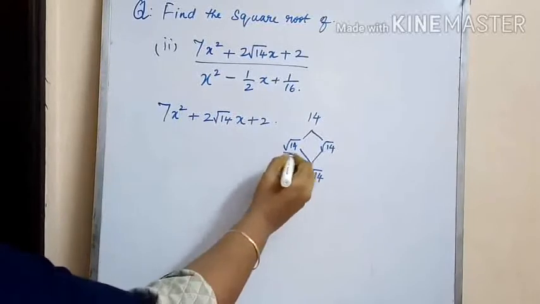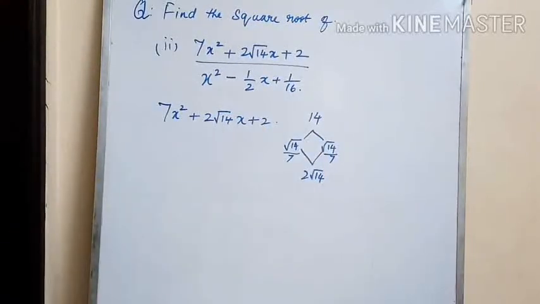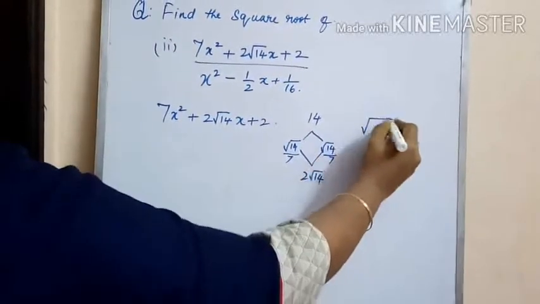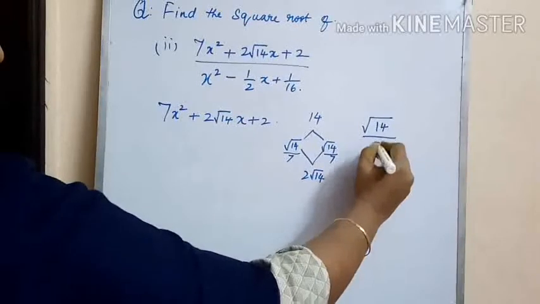So now dividing it by 7, because we have a coefficient for x squared, that should be divided here. So root 14 by 7 can be written as root of 14 by root of 7 squared.